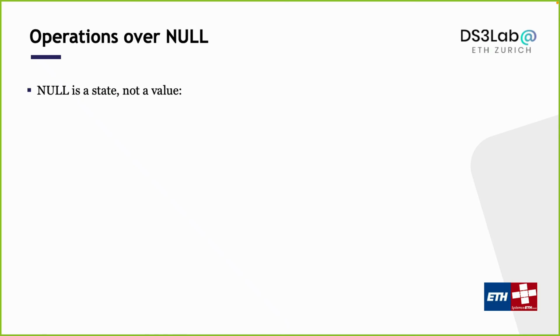So, operations over null, right? Null is a state, not a value, right? If you want to compare two null values, it's going to give you unknown. But what if you want to check whether a cell is null or not? I cannot compare, right? Whenever I compare, you tell me you don't know.